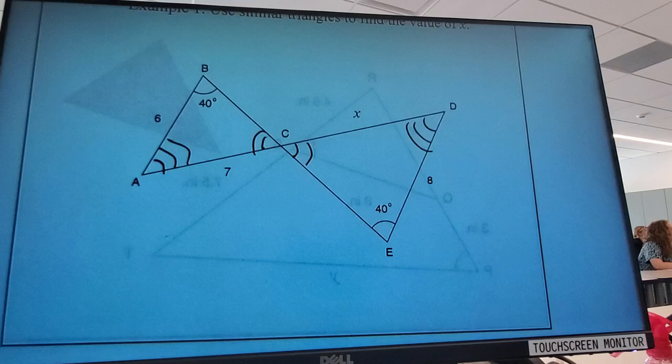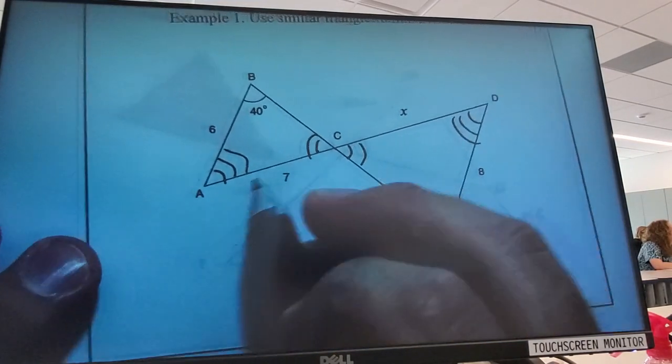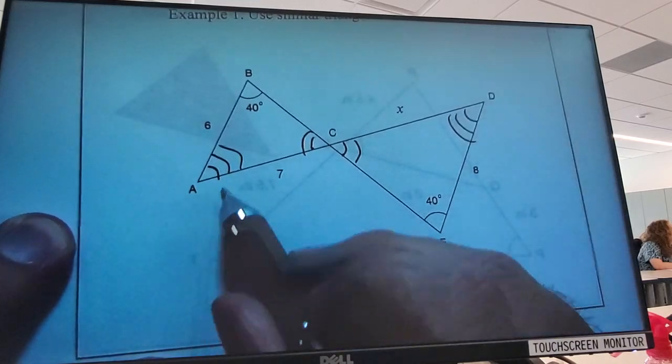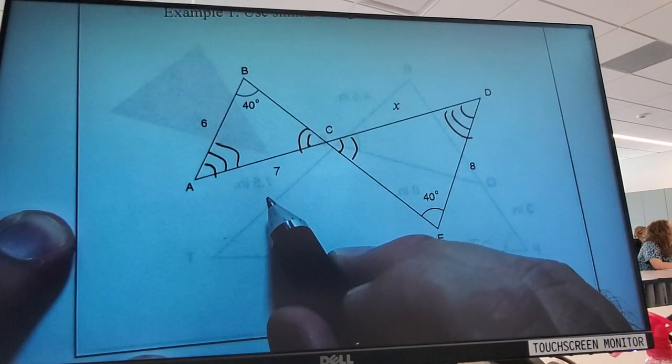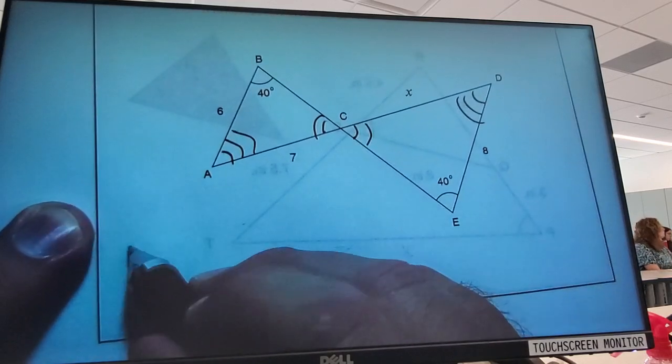So for example, side BC for this problem, I don't care about it. So if I take, for example, what side did somebody start with from this triangle here? Anybody pick a side to start with? Which one? BA.